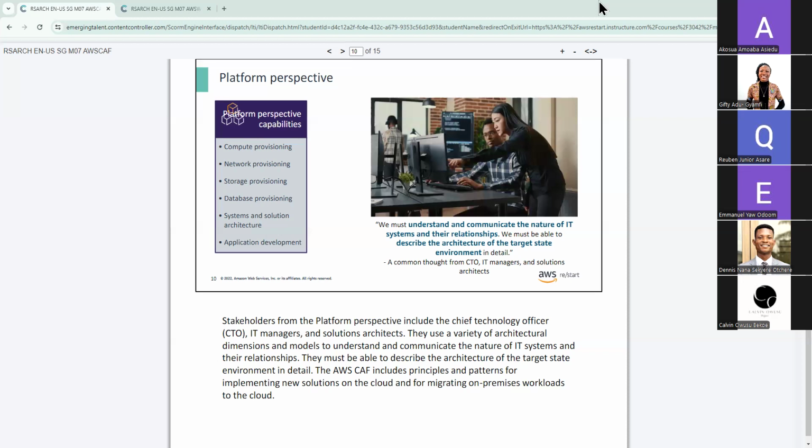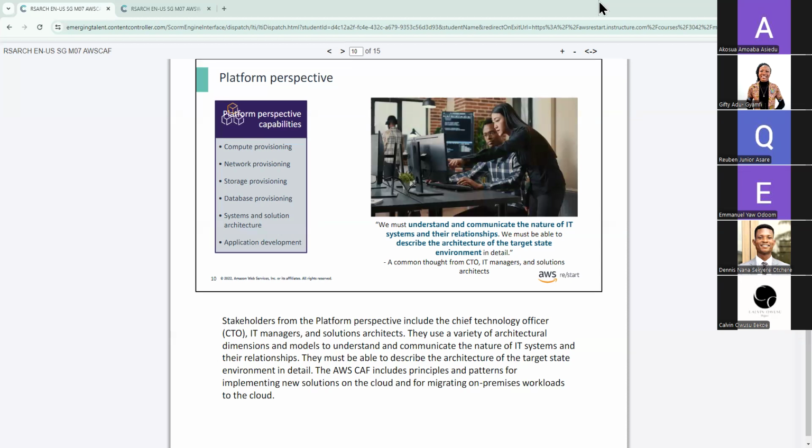So you need to be able to understand the IT systems, their relationships on-prem, and you need to be sure that when you move to the cloud, you would still be able to have those relationships. Your business would still be able to run your processes or your platform, your infrastructure, just as safe or even better than how they were running it traditionally.